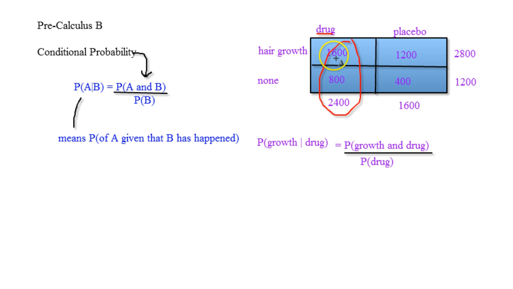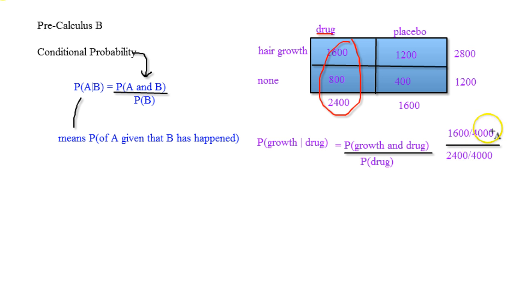We would add it all up, and if you notice, if we add these two, there's going to be 4,000. So this will be 1,600 divided by 4,000 on top. And then on the bottom, given that they use the drug, that would be 2,400 out of 4,000, because there's 4,000 total.